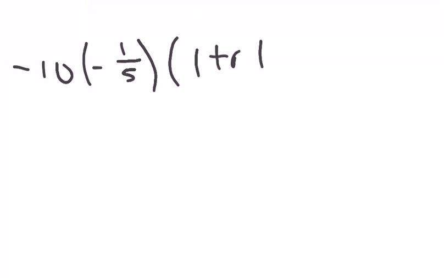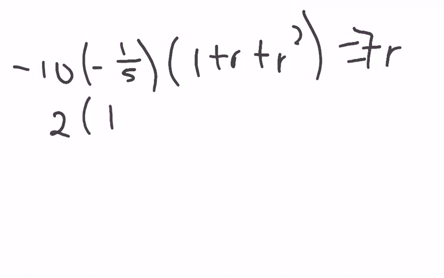So now we have -10 times a -1/5 times 1 plus R squared equals 7R. And so -10 times a -1/5 becomes 2, times 1 plus R squared equals 7R, and then we can distribute the 2.